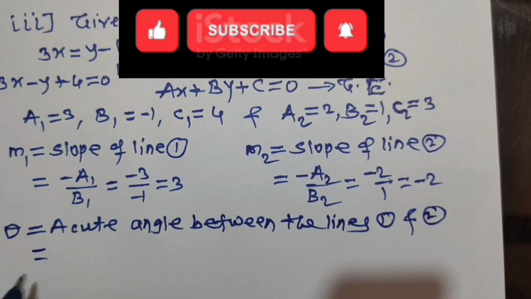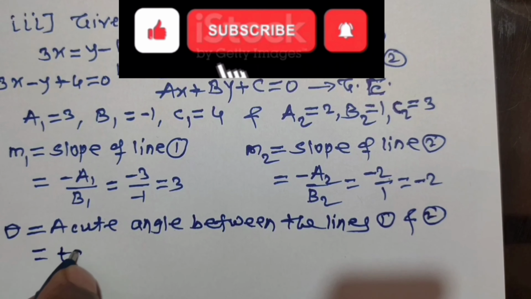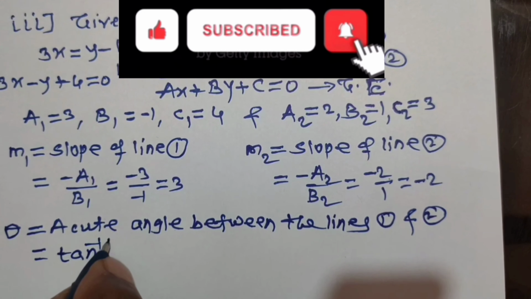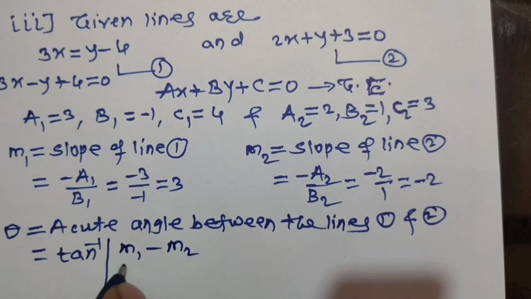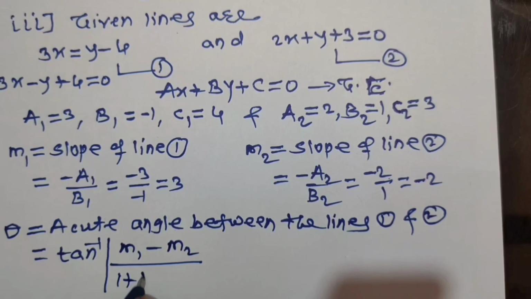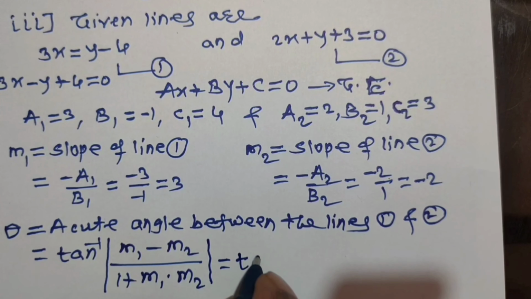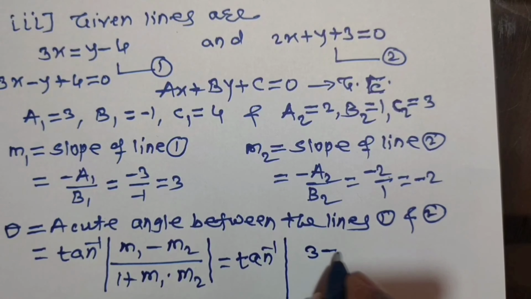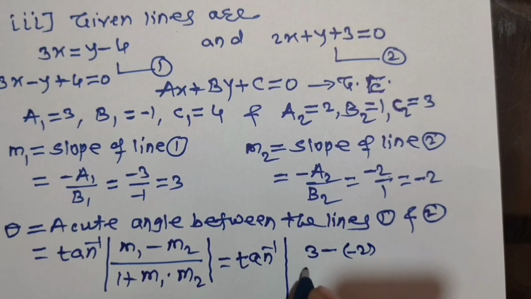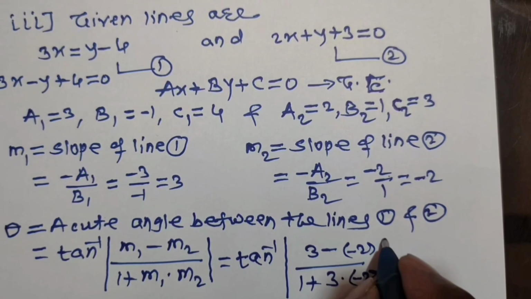You know theta is equal to tan inverse in modulus sign of (m1 minus m2) divided by (1 plus m1 into m2). This is equal to, substitute values of m1 and m2, hence tan inverse of (3 minus 2) divided by (1 plus 3 into minus 2).